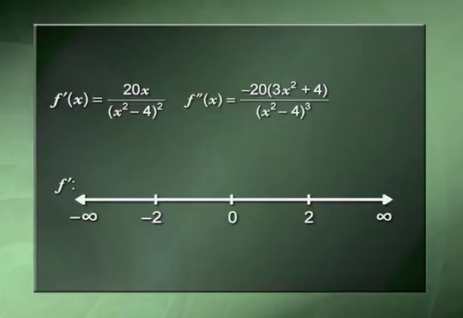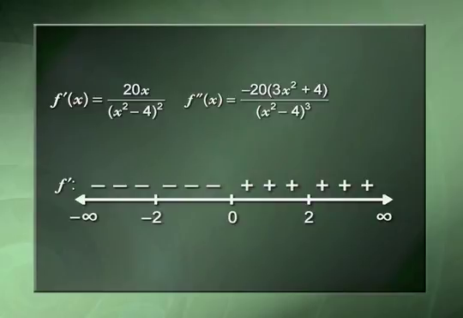So we should look at those numbers. So let's start analyzing these intervals. If x is bigger than 2, the first derivative, of course, is then positive. And as I cross 2, the first derivative stays positive because that denominator is squared. It's only when I cross 0 that the first derivative changes to negative.